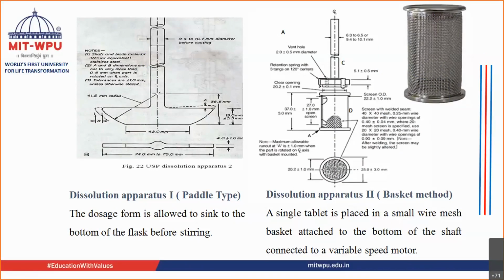What should be the speed of the motor for that particular tablet, at which the drive shaft should be rotating, what should be the RPM, what temperature should be maintained, and what medium is to be used will be given. Sometimes the assay procedure to find out the amount of drug coming into the medium would also be given.